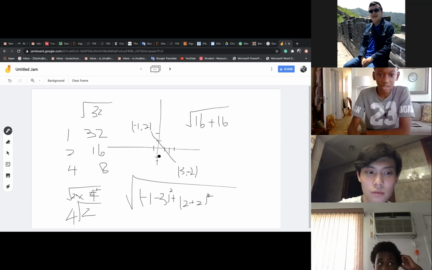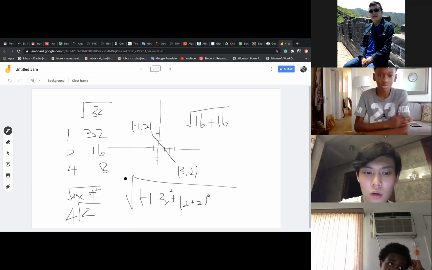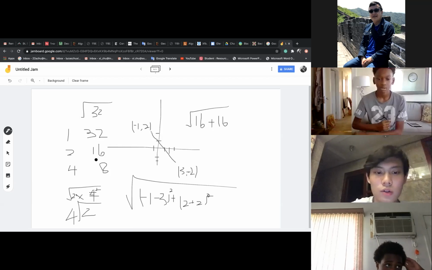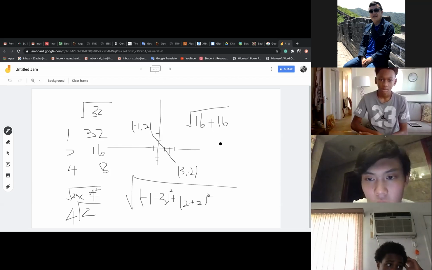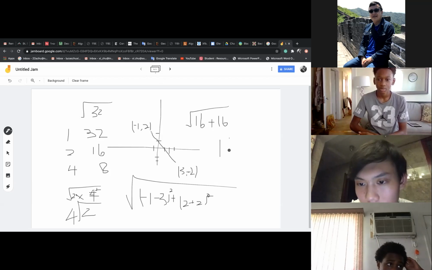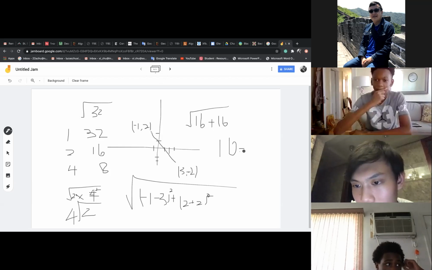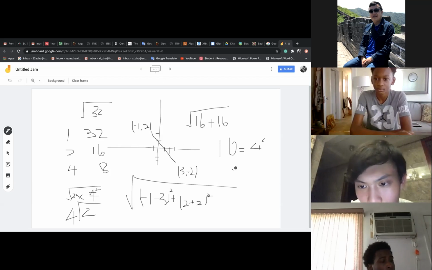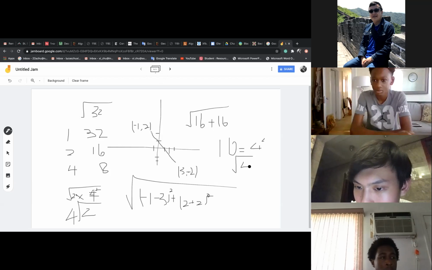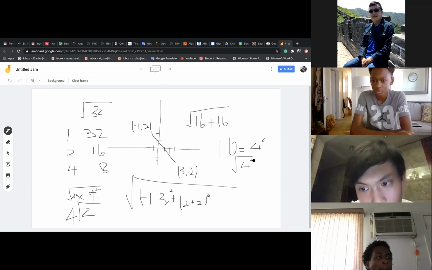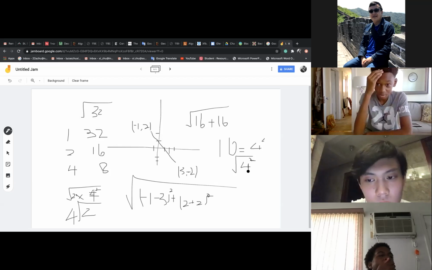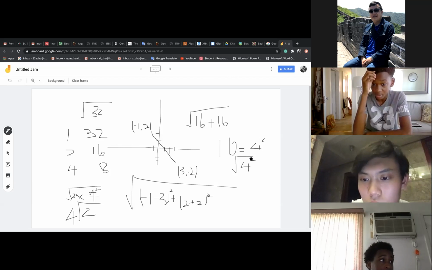Wait, how do you tell again which number goes inside the square root symbol? Look, because you know that 16 equals 4 squared, right? And what's the square root of 4 squared? 4, right?